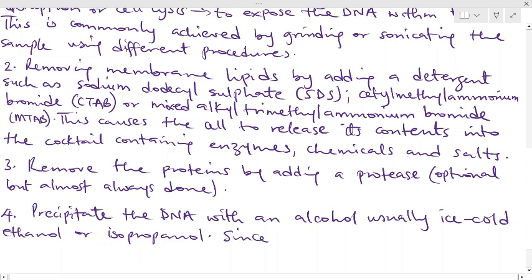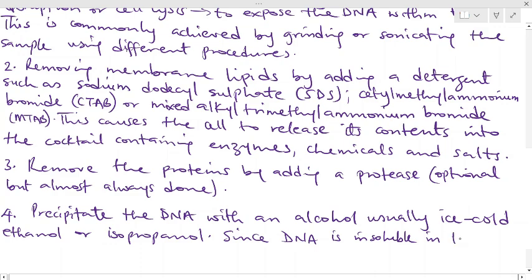The reason for precipitating the DNA with alcohol is that the DNA is insoluble in this alcohol, which is your ice cold ethanol or isopropanol.